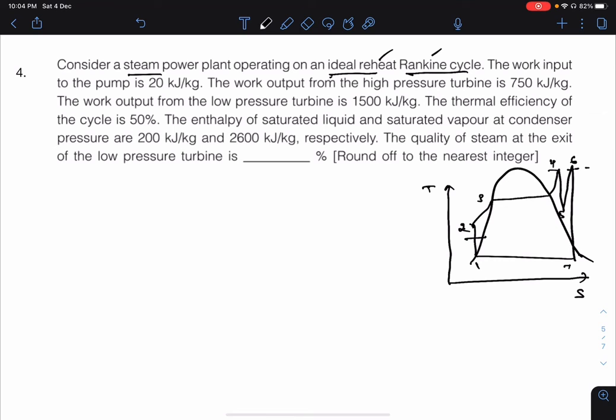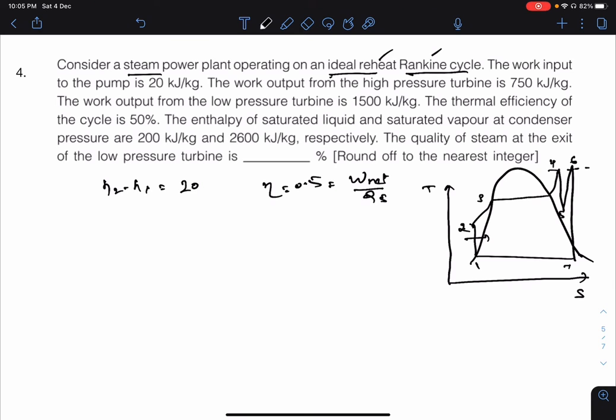So work done in the pump is 1 to 2, that is H2 minus H1. That is given as 20 kilojoule per kg. Everything is in SI unit, that is per kg. The thermal efficiency of the cycle is 0.5, that is W net upon Q supplied.